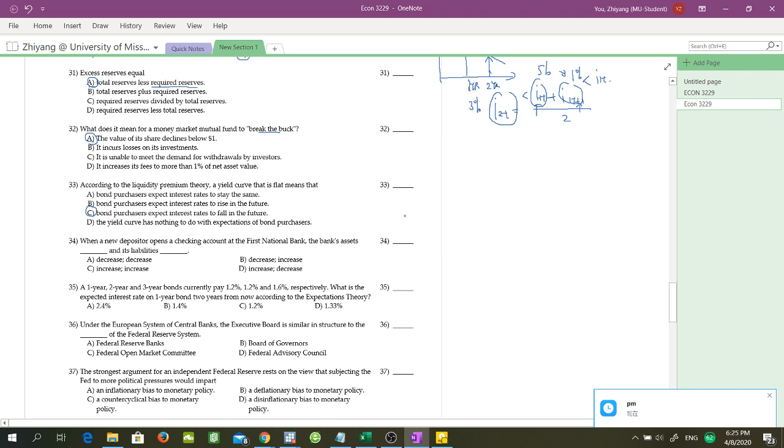Why is that? Because if we're talking about expectation theory, the long-term interest rate, for example, we have a flat yield curve, and now a long-term yield, for example this is 2-year, again using the example of a 2-year and 1-year bond.